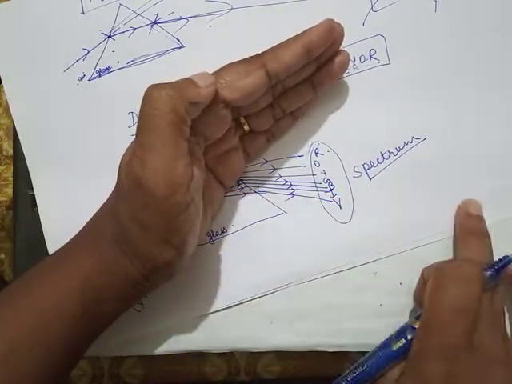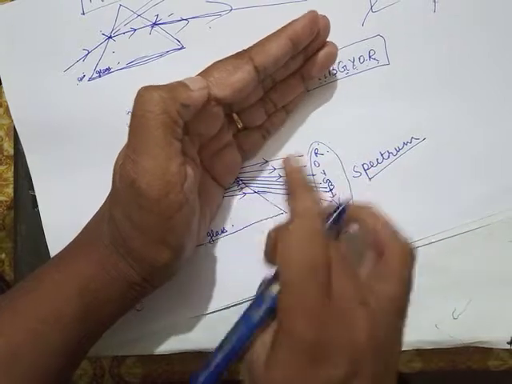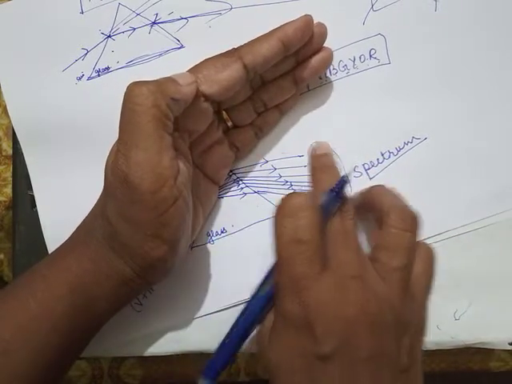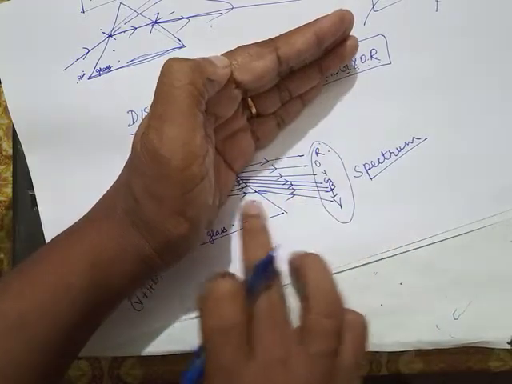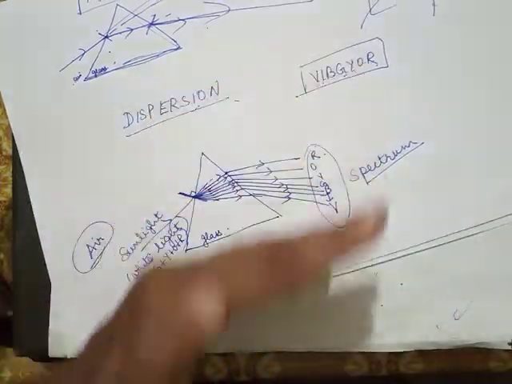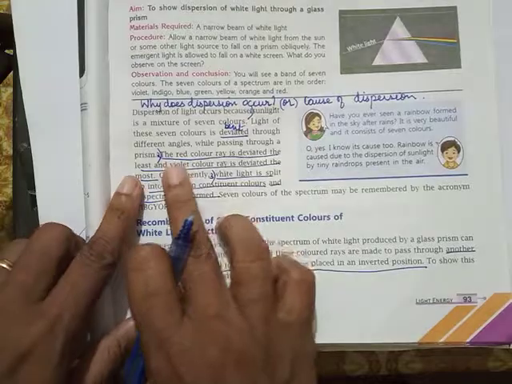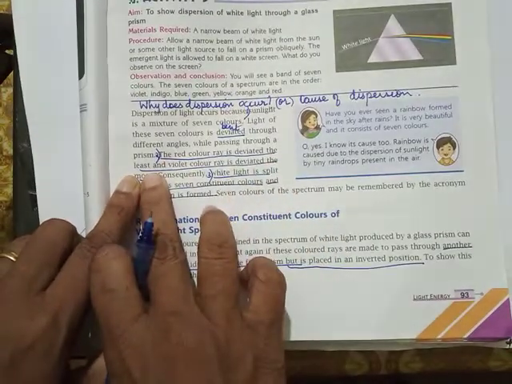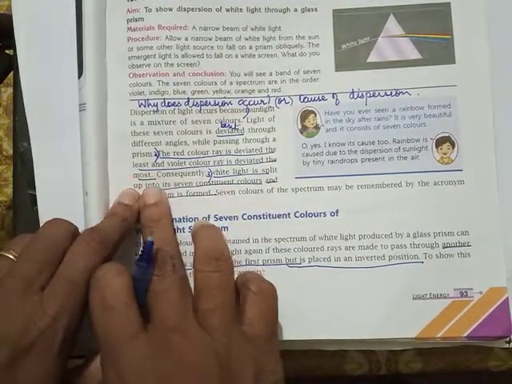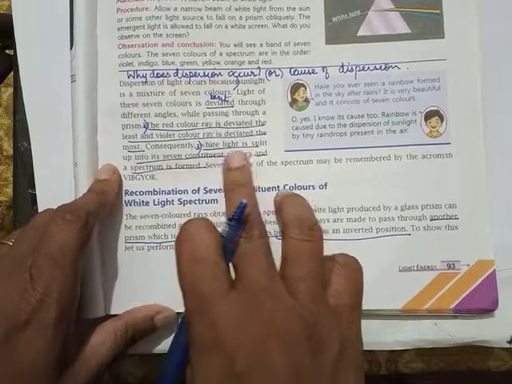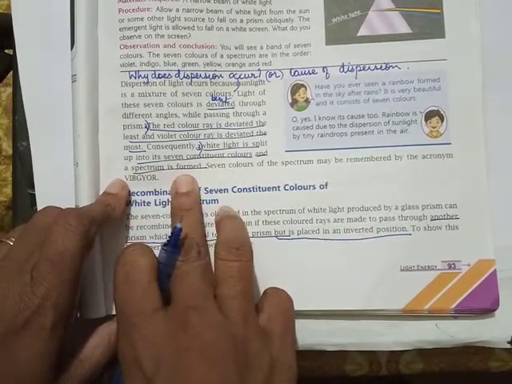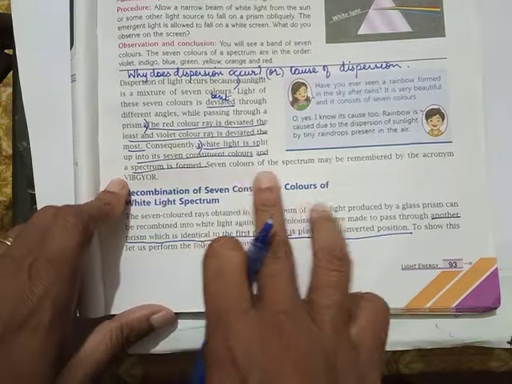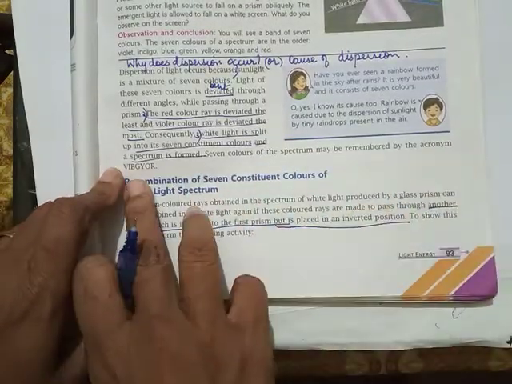The violet is going like this, so that has bent more, whereas red has bent only a little bit from the original path. So red color is bent the least and violet color is bent the most. Consequently, white light is split up into its 7 constituent colors and a spectrum is formed. The 7 colors can be remembered by the acronym WIPGR.